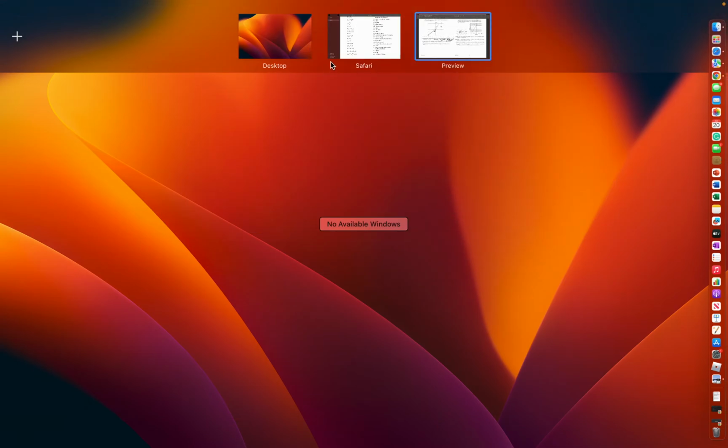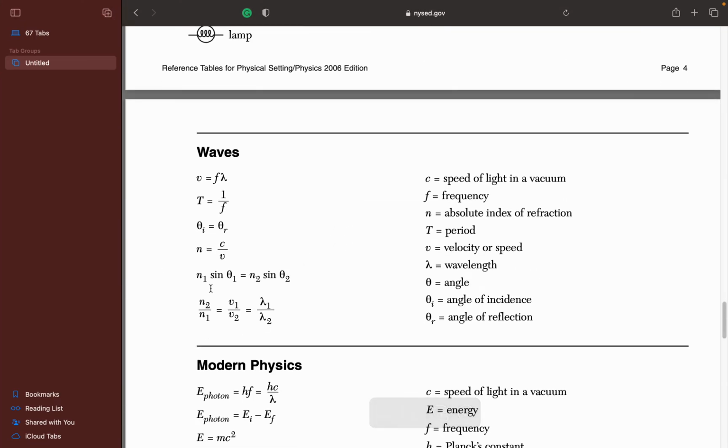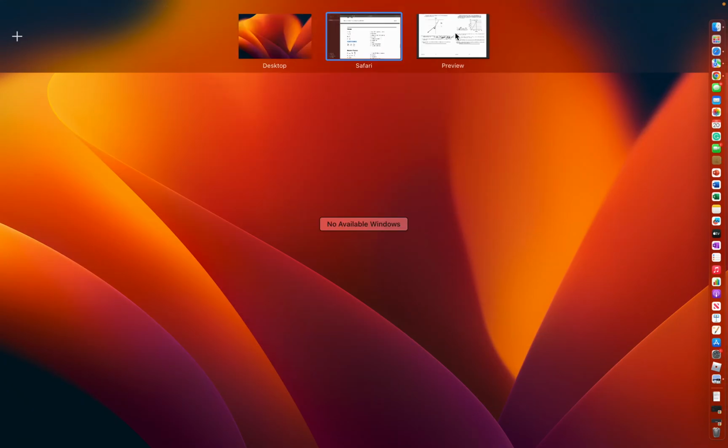Okay, so what formula would you use? You would use Snell's law: n1 sine theta of the incident angle equals n2 sine theta of the refracted angle.